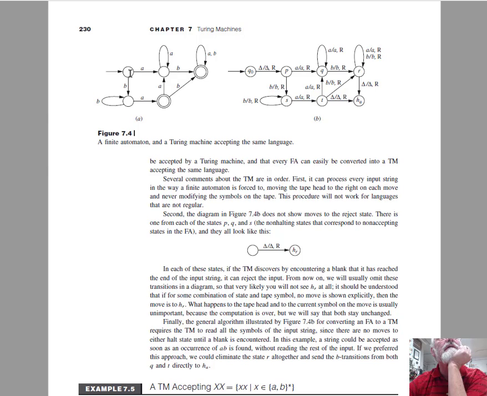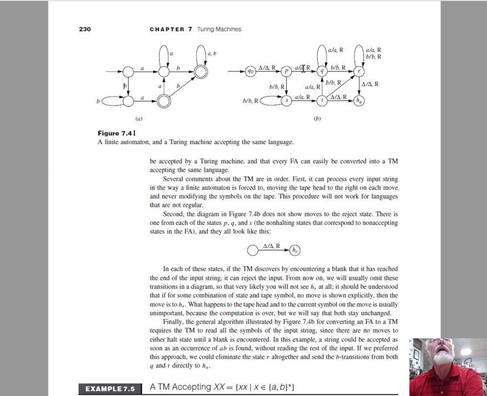I'm in Q naught, and here I read an A and go to whatever this state is. Here I read a delta, and I write the delta back, and I move right. So this guy right here is really this state right here, because I don't have this part to do on a finite automaton. So now I'm in P, which over here is this state.